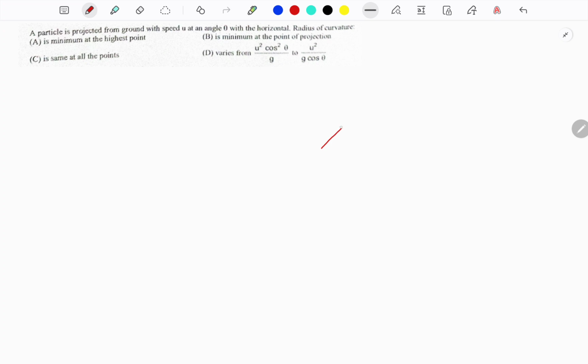See, it is projected like this at an angle theta. If we try to find out the radius of curvature here, at this point mg is downwards.